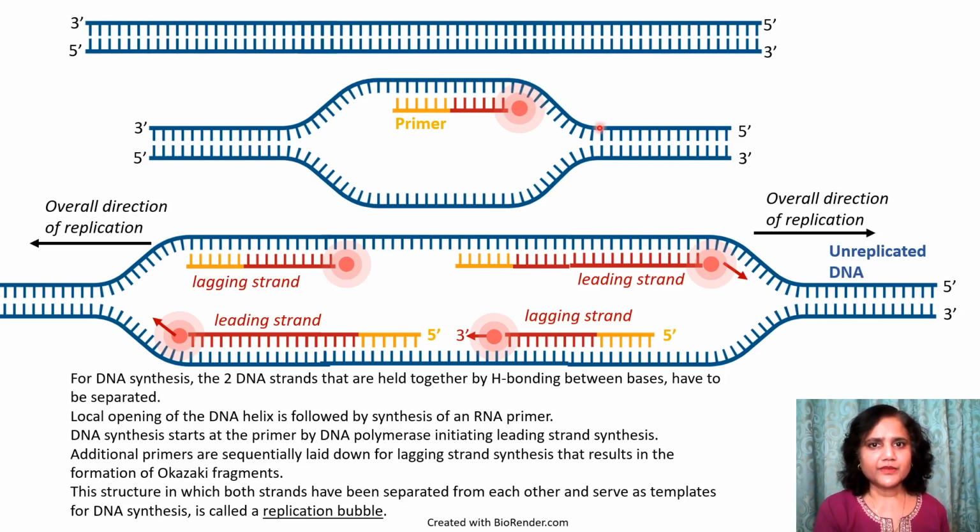Next, additional primers are sequentially laid down for the lagging strand DNA synthesis, as is shown here. And this results in the formation of Okazaki fragments. This structure, in which both the strands have been separated from each other and both of them are now serving as templates for DNA synthesis, is referred to as a replication bubble.